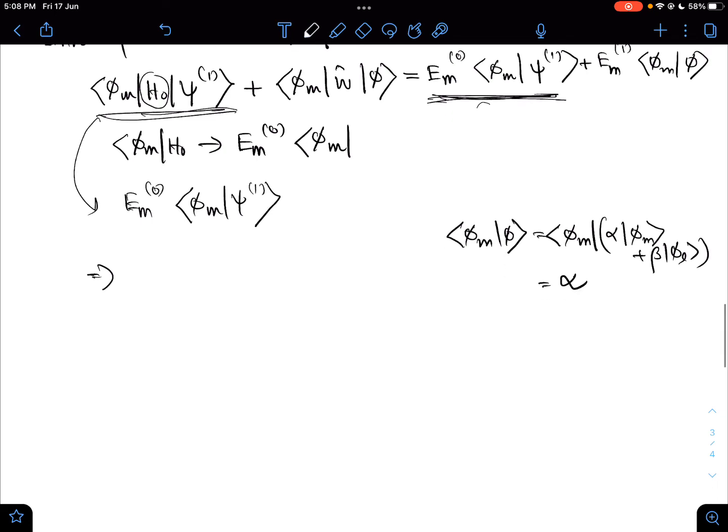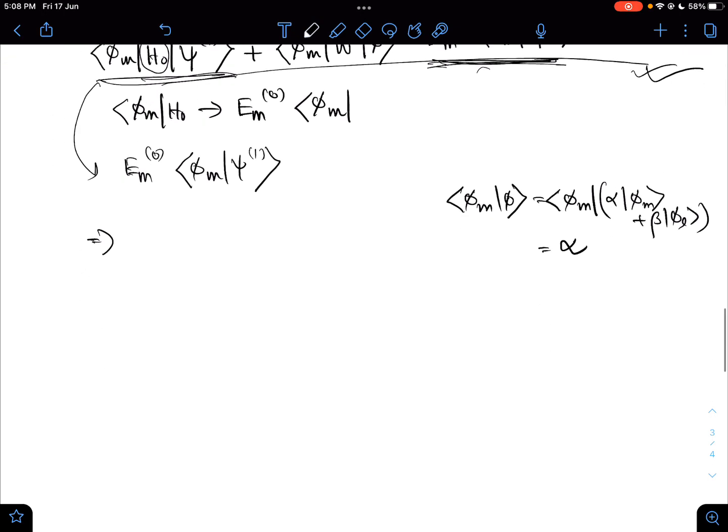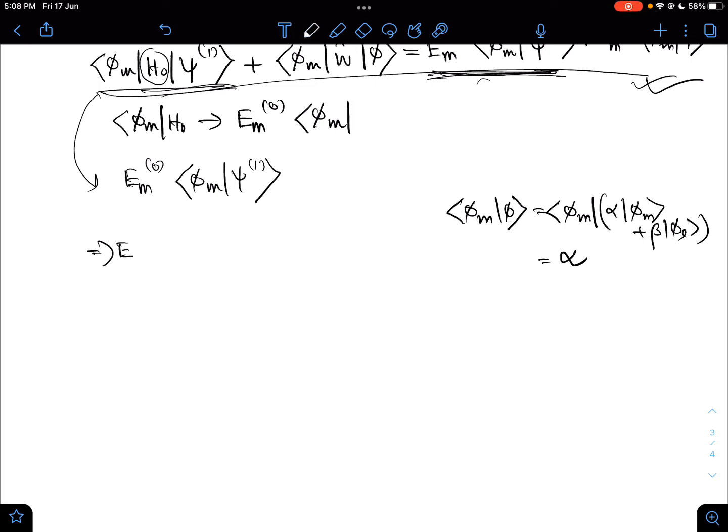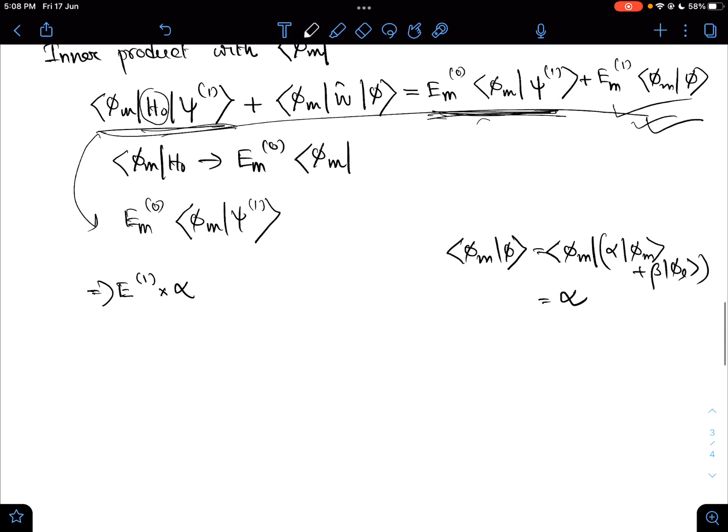So from this equation we get E1 times alpha on the right hand side, and on the left hand side we will have alpha phi m W phi m plus beta phi m W phi l.